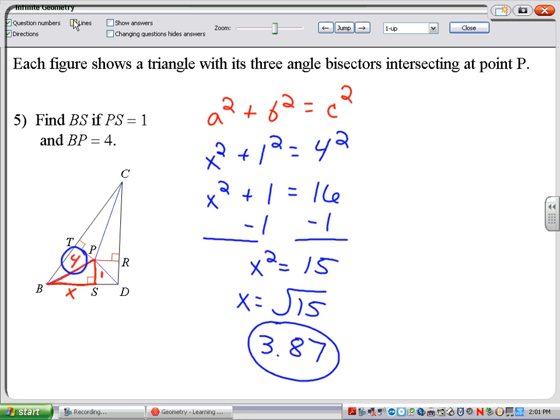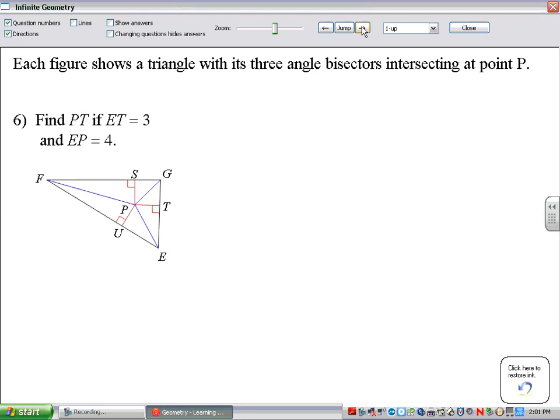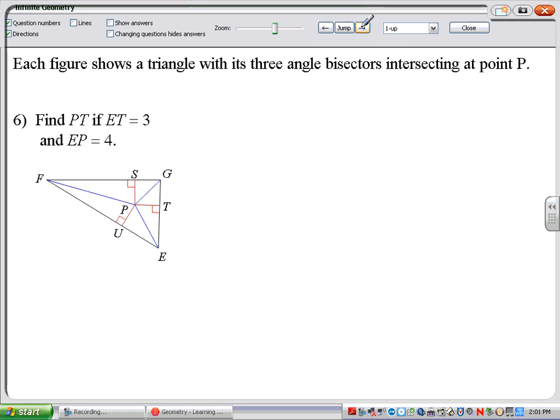Let's do number 6. This one says to find PT. So from P to T, darken in red, if ET, E to T, is 3, and EP is 4. So I'm going to put an X right there, make my variable. And again, I'm going to use A squared plus B squared is C squared.